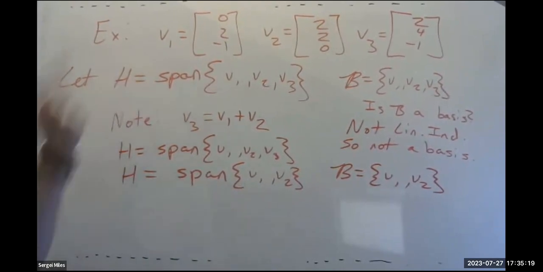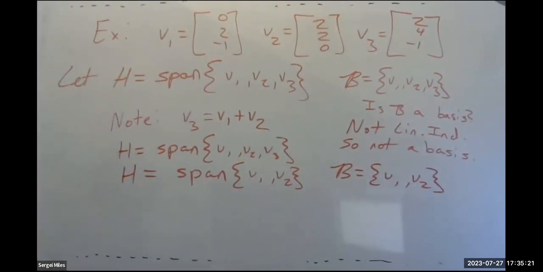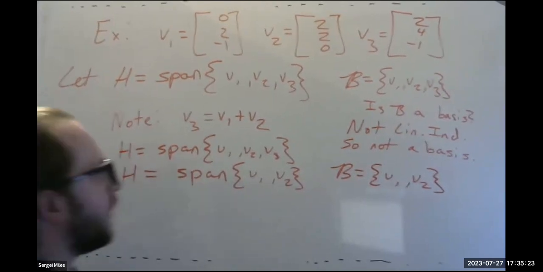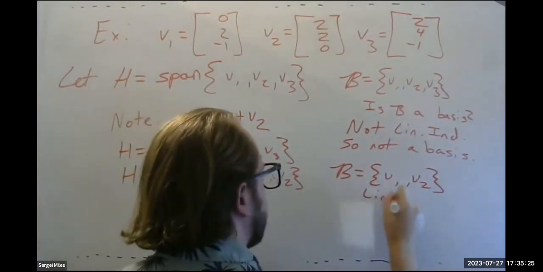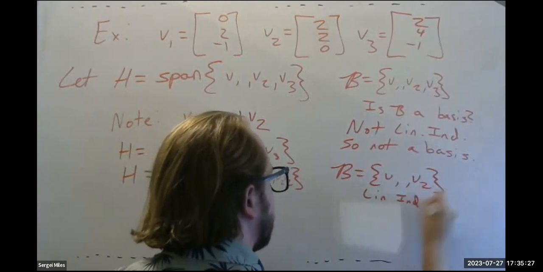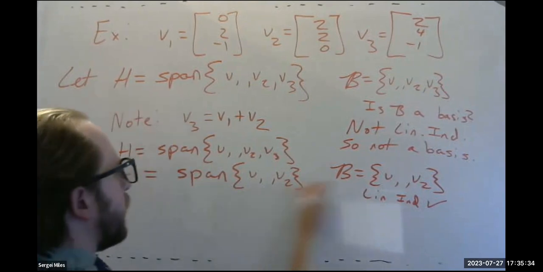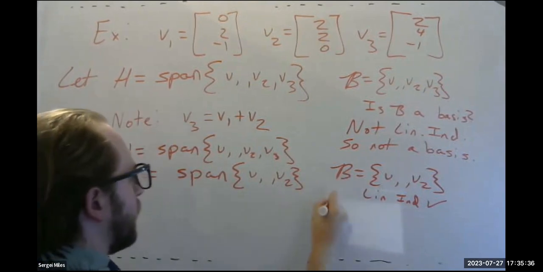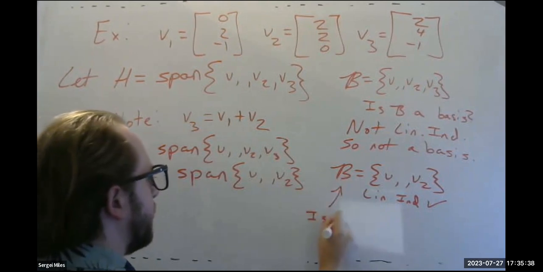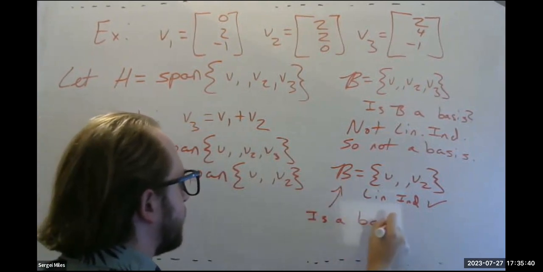Well, now we can see V1 and V2 are not multiples of each other. So now this is linearly independent. And we already have H equals this by the initial assumption we're given. So now this B is a basis for H.